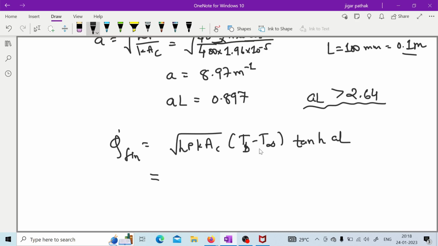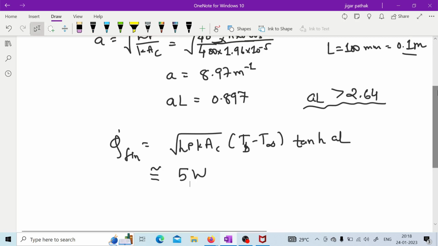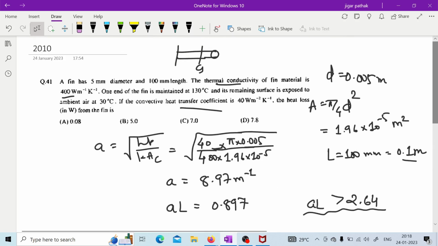This is 130, this is 30, mL you have calculated, 0.897. So tell me the answer. Anyone? So would it be 5? Yeah, it is almost 5 watt, right? So your answer will be 5 watt.